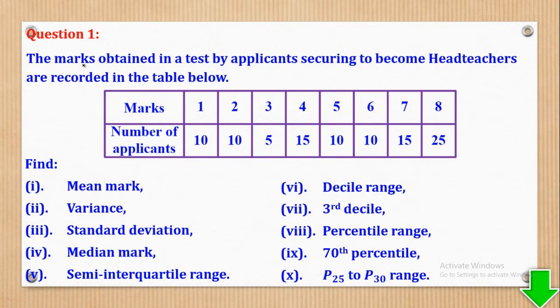This question says the marks obtained in a test by applicants seeking to become head teachers are recorded in the table below. So these are the marks, and these are the number of applicants. They want you to find all these parameters, and that's what we are going to do.